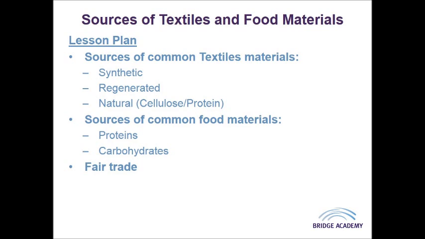Regenerated fabrics are something that is made from something else. So viscose, which is quite a soft material and is often known as an alternative to silk, is actually made from wood pulp in a not too dissimilar process to how we would generate paper.